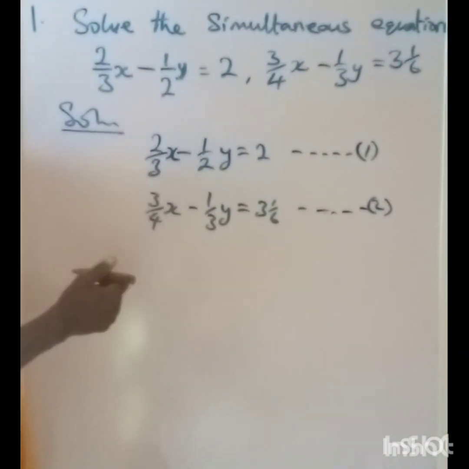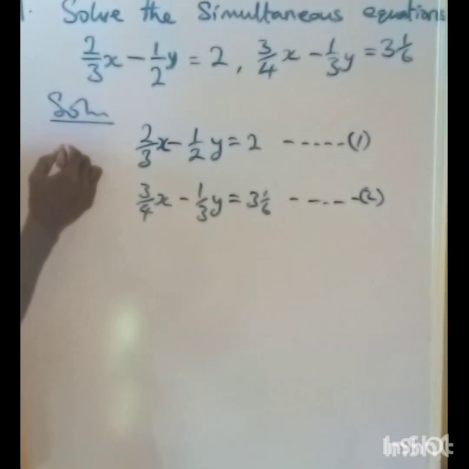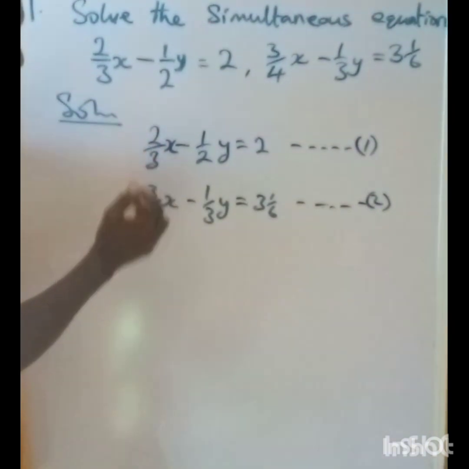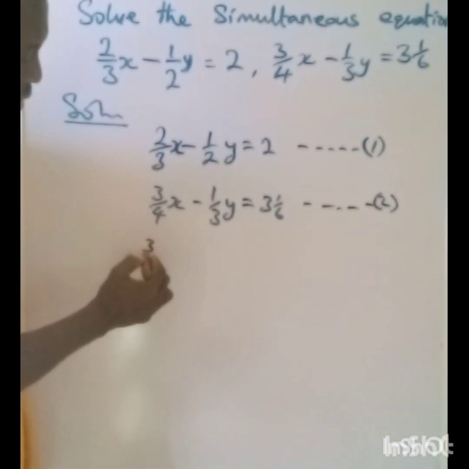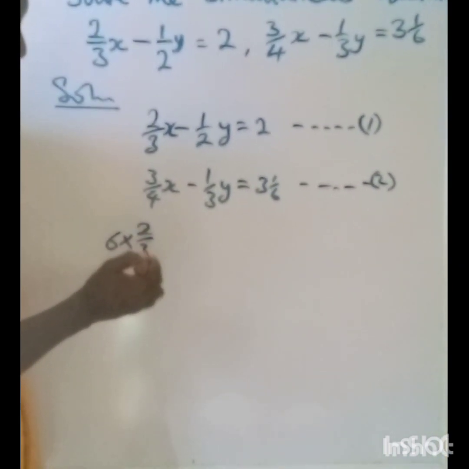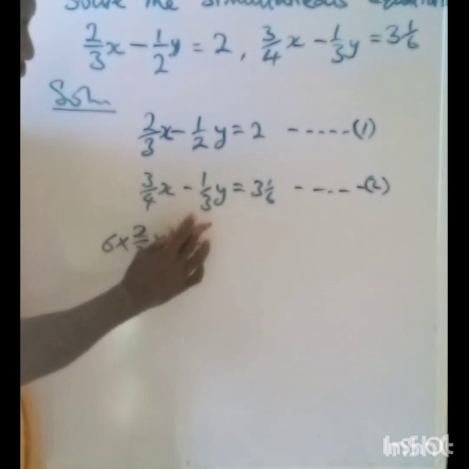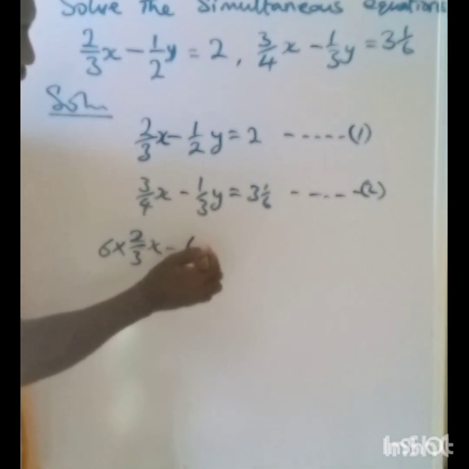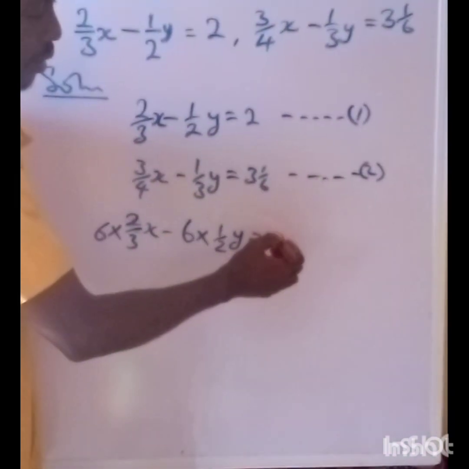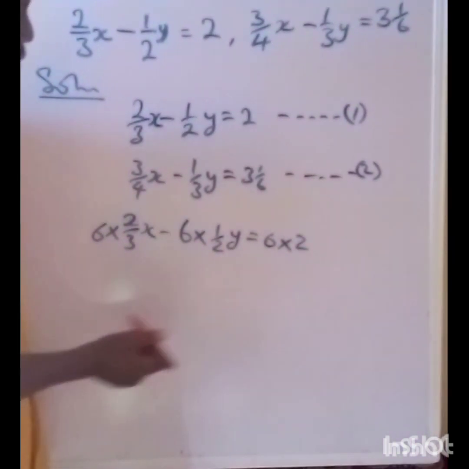In this first equation, we'll have 6 times 2 over 3 x, minus 6 times 1 over 2 y, equal to 6 times 2.